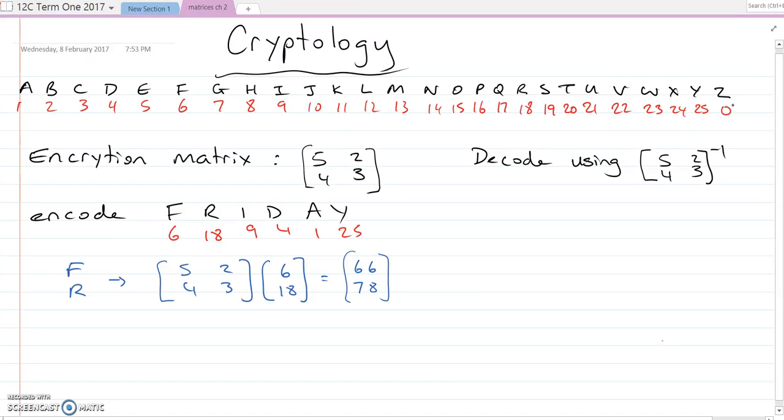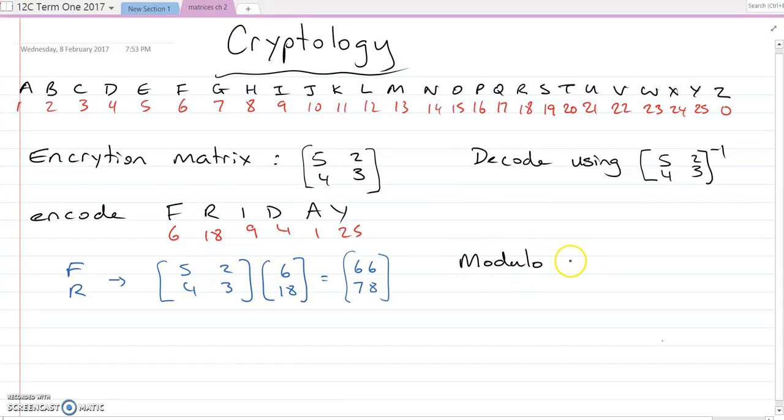Now we're going to take the 66 and 78 and use these numbers to convert back to letters. But of course, we don't have a 66 or a 78 there. So we have to use what you might remember, which is modulo arithmetic.